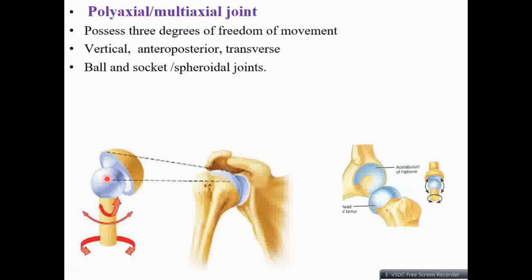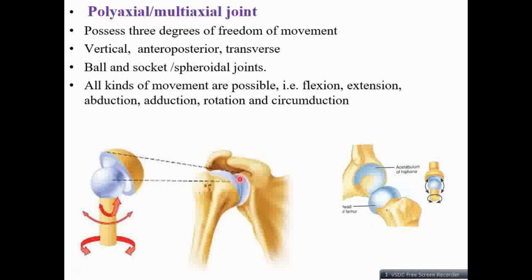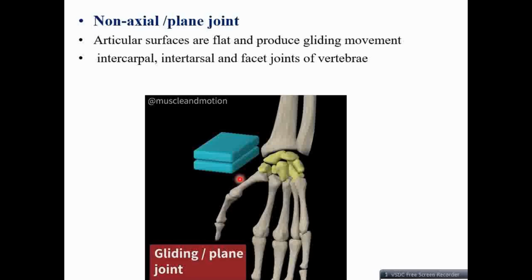One articular surface is bowl shaped and the other is socket shaped. Examples are your shoulder joint and your hip joint. As you know, in the shoulder joint flexion, extension, adduction, abduction, rotation movements and circumduction are possible.